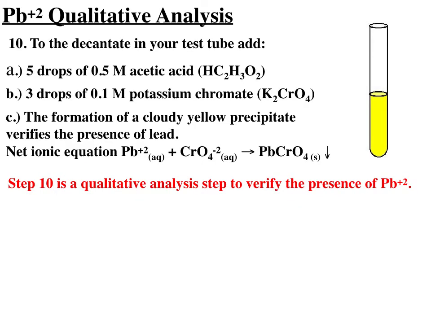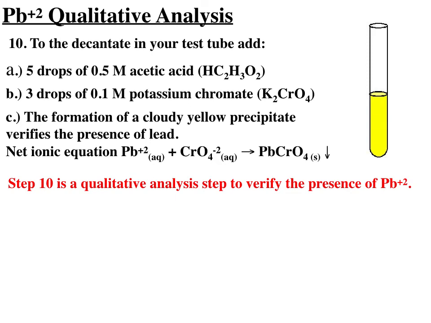To my decantate or supernatant, or whatever we want to call the liquid above the precipitate, I'm going to add 5 drops of 0.5 molar acetic acid. Then I'm going to follow that with 3 drops of potassium chromate. And when I do this, I should get a yellow precipitate. If I centrifuge, I'd see a yellow precipitate at the bottom, but the entire solution should turn a vivid yellow because of the presence of that solid lead chromate that is forming.